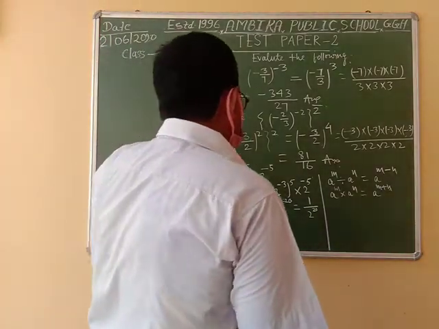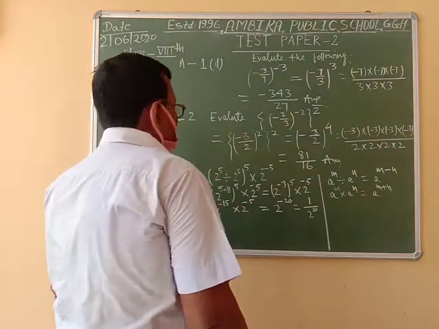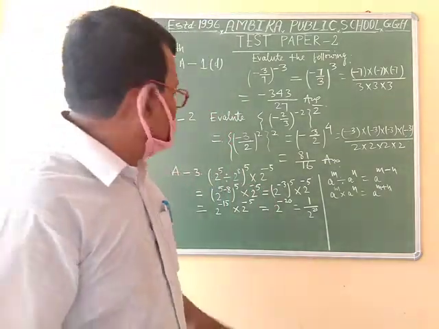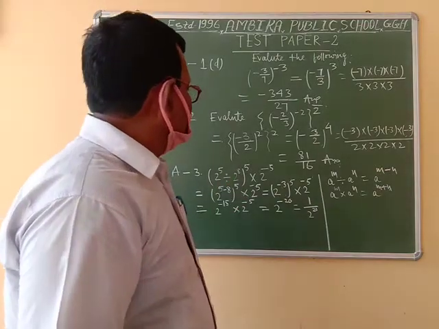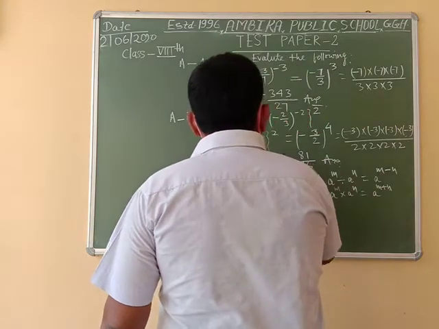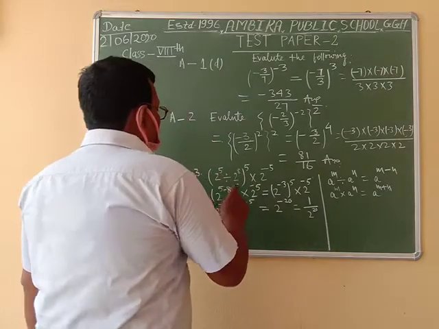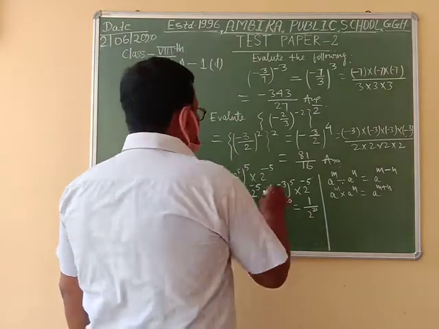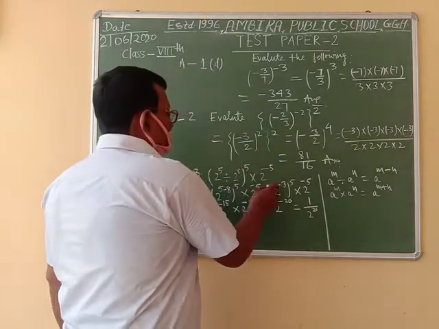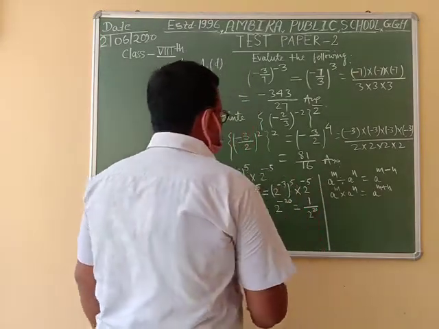Here I am going to explain again. We have to give the answer in exponential form. 2 to the power 5 divided by 2 to the power 8, whole to the power 5, is multiplied by 2 to the power minus 5. So we can write 2 to the power 5 minus 8, whole to the power 5, into 2 to the power minus 5, is equal to 2 to the power minus 3, since 5 minus 8 is equal to minus 3, and whole to the power 5 multiplied by 2 to the power minus 5.